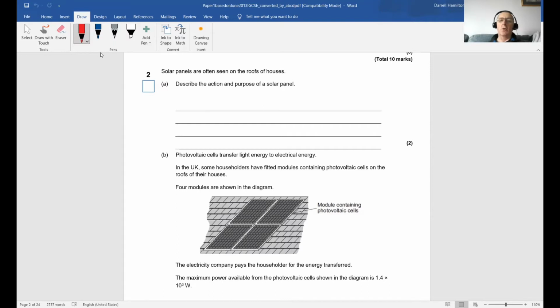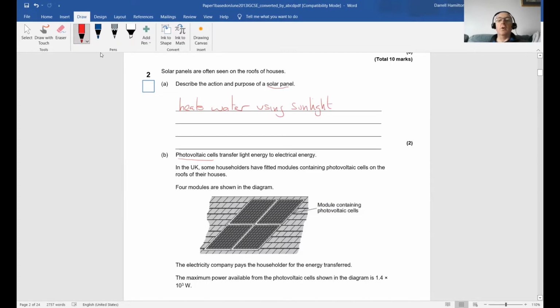Now, certainly for AQA, you need to be aware that what they mean by a solar panel is different to what they mean by a photovoltaic panel. So by solar panel, this is heating water using sunlight, using the infrared in sunlight specifically.